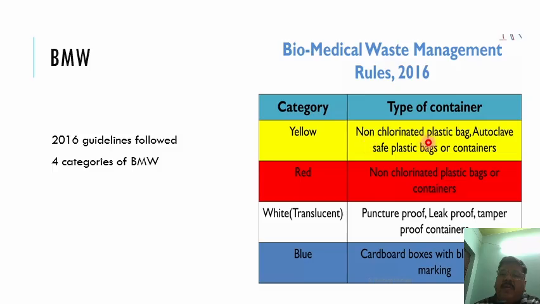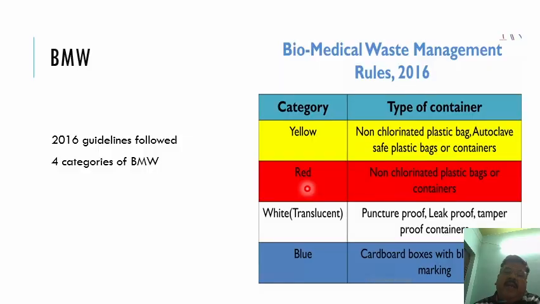Yellow: non-chlorinated plastic bags, autoclave-safe plastic bags or containers. In yellow go non-plastic infected articles like human anatomical waste, animal tissues, animal carcasses, and infected items like cotton and bandages which can be burnt, which are non-plastic.